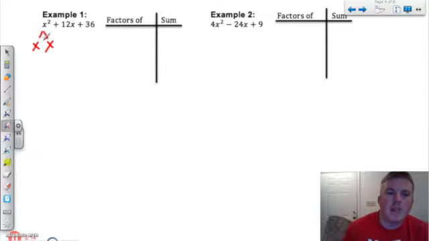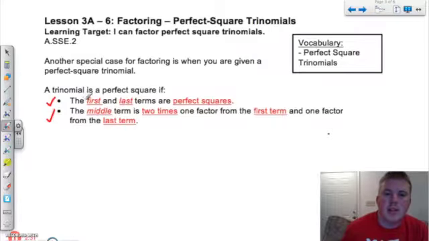That's the same factor on either side, so that's going to be a perfect square. Let's take a look at 36. 36 can be broken down into 6 times 6. So I can say that my first condition is met. The first term and the last term are perfect squares.